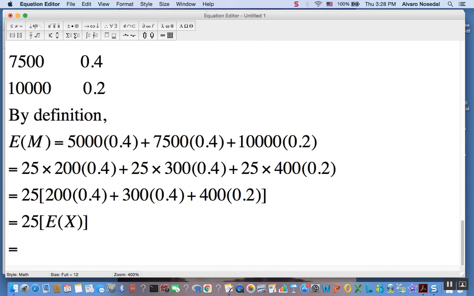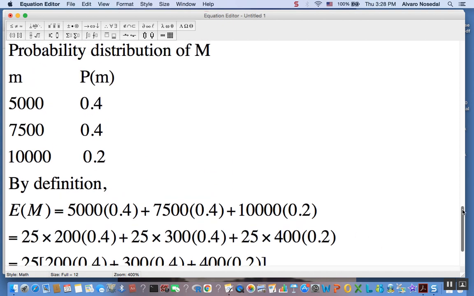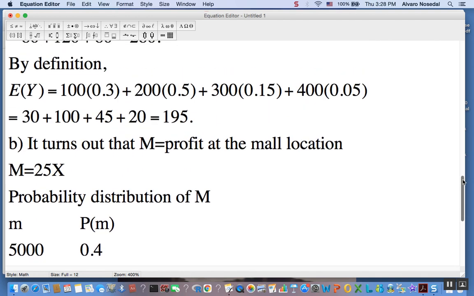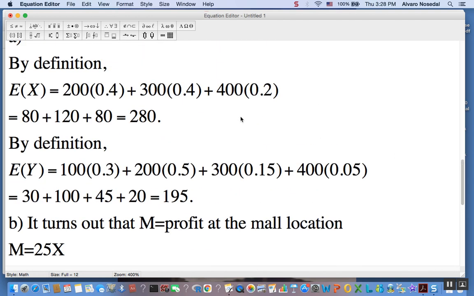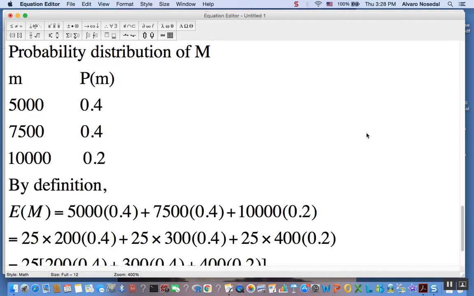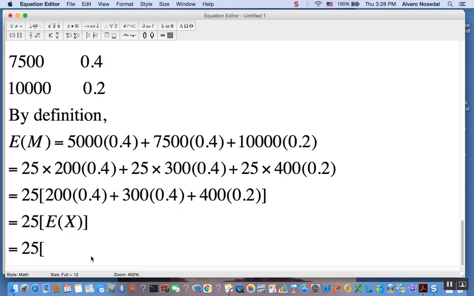And then, oh, okay, we already have the expected value of x, which is just 280, right? Make sense?